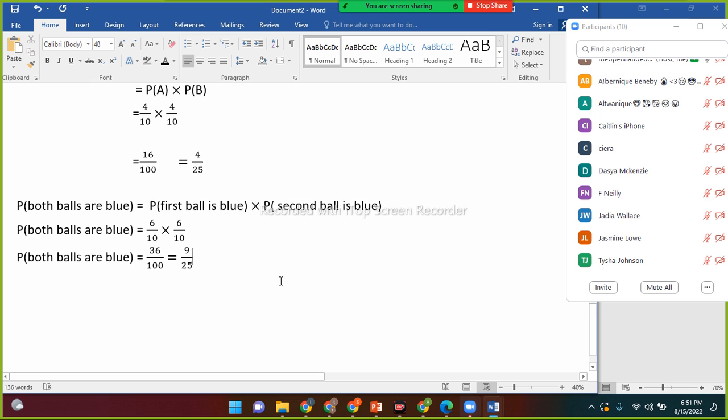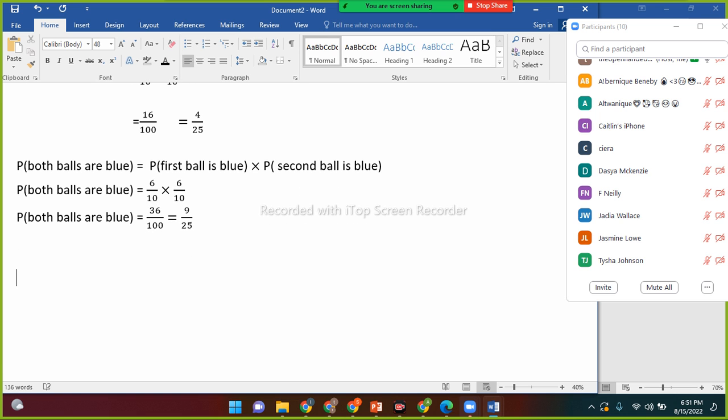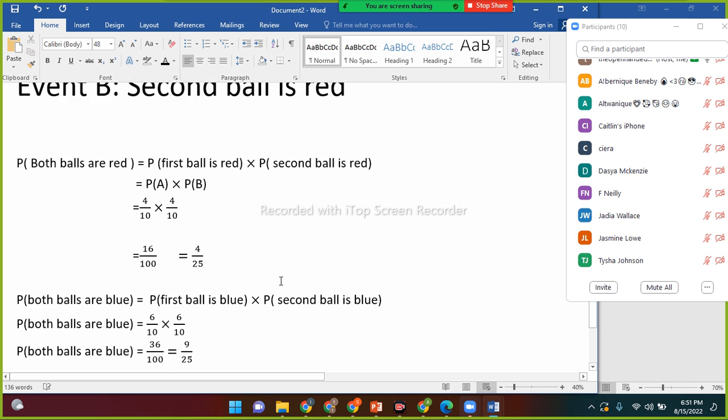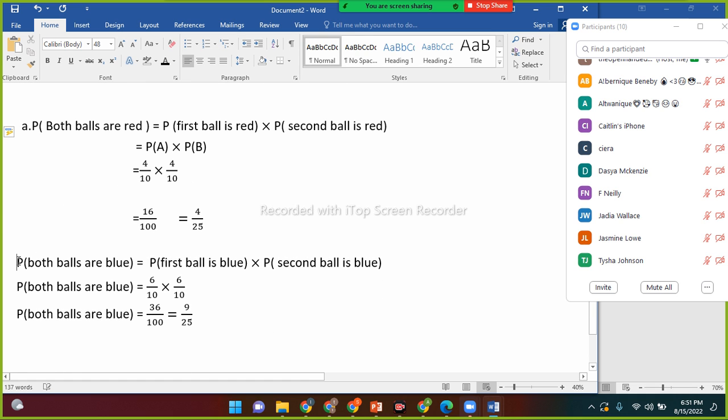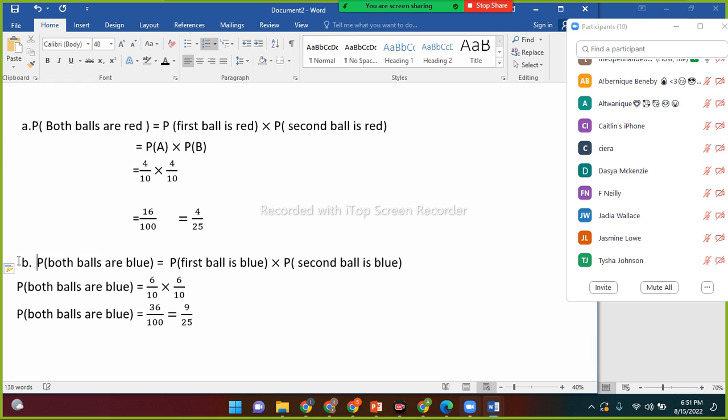Okay, so now we're looking for, what's the probability? This was A, both balls are red. B, both balls are blue.